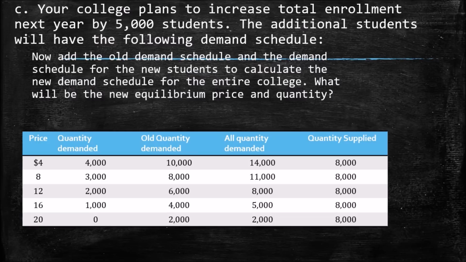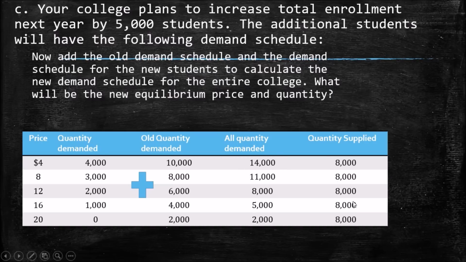Here we have the table with the old quantity demanded, and here the quantity demanded for the new students. If we sum both, we have the new quantity demanded, and here is the quantity supplied.